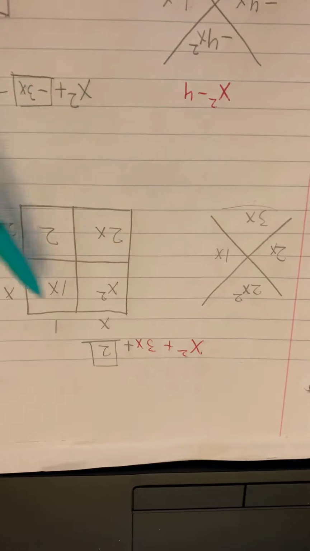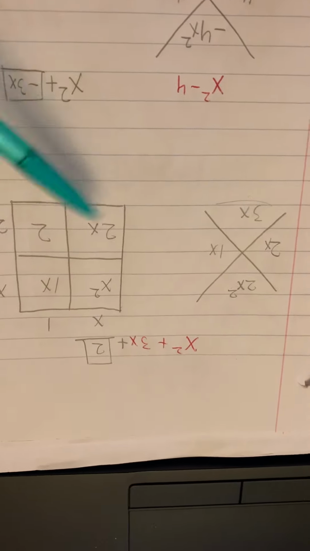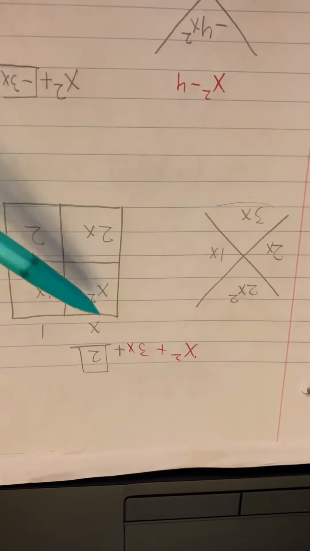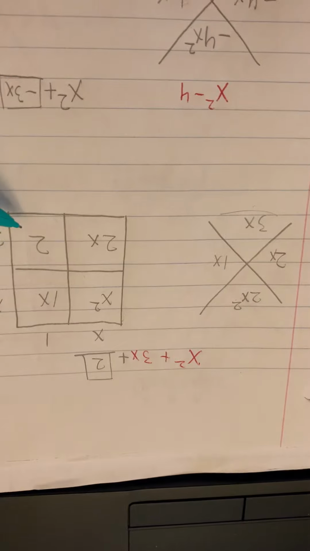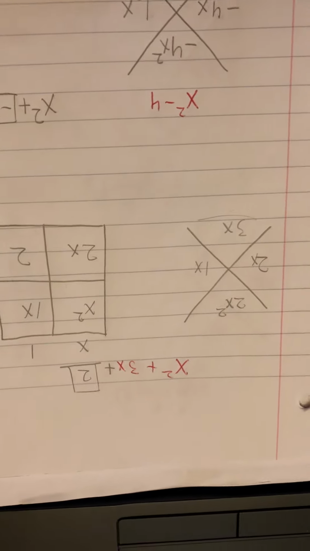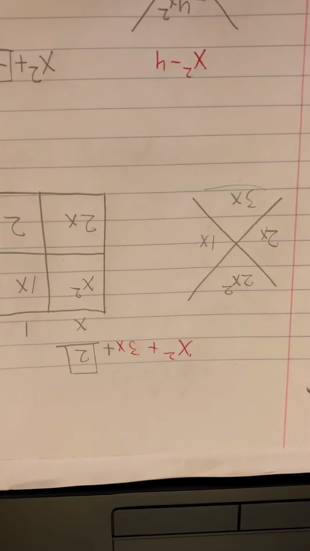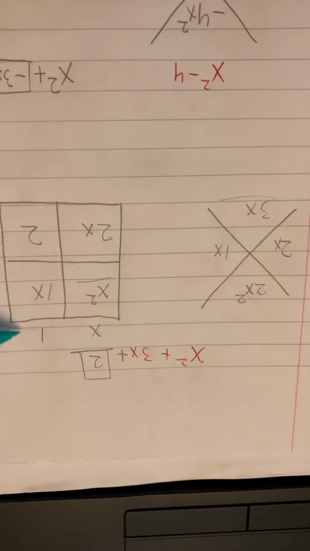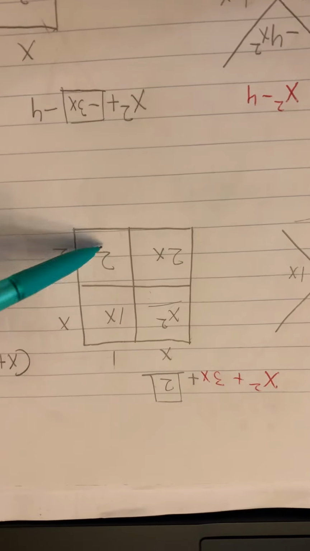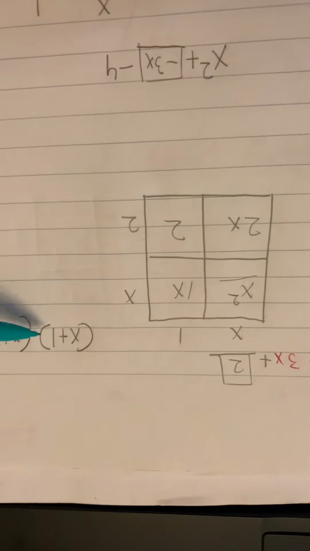Then we take these and plug them in to the box. And here, bring this here. And x squared like last one. 1x. 1 times 2 is 2, and x times 2 is 2x, so we factor this x plus 1 and x plus 2.